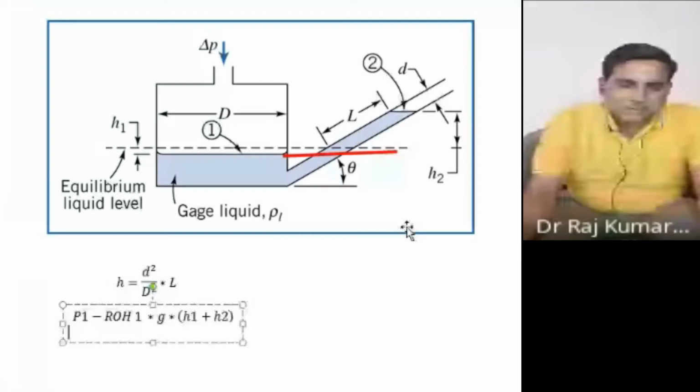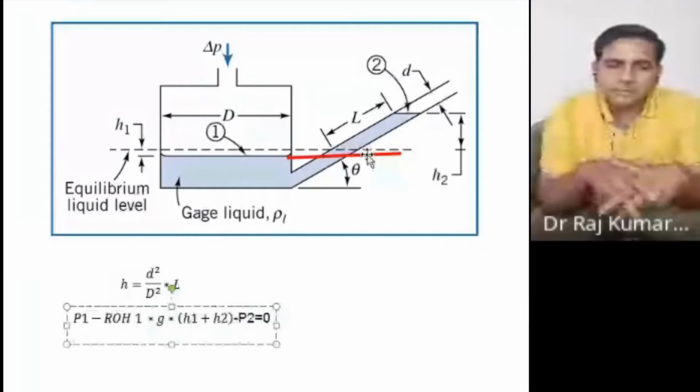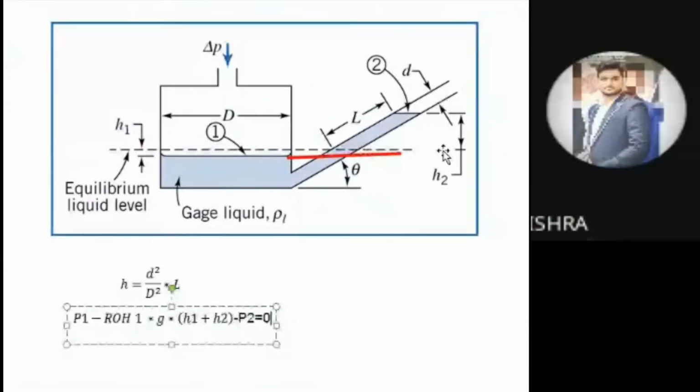Correct? Yes, sir. Now next line. After that you have minus P2, and you have reached this point number 2, and therefore equal to 0. Is that fine? Yes, sir.